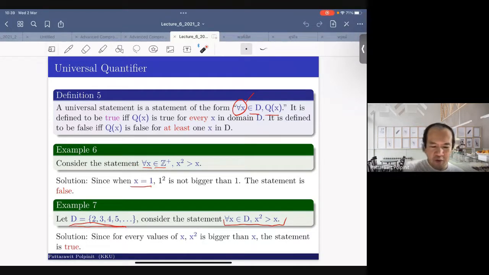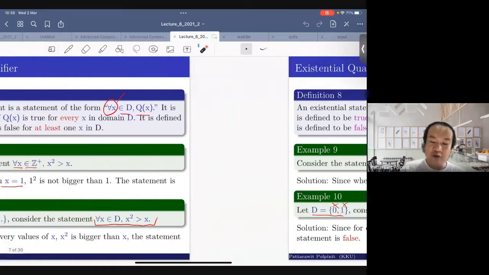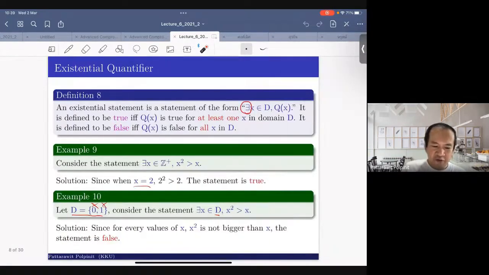We call it a universal statement. Then you also have the existential statement, where you have the symbol there exists, the existential quantifier.